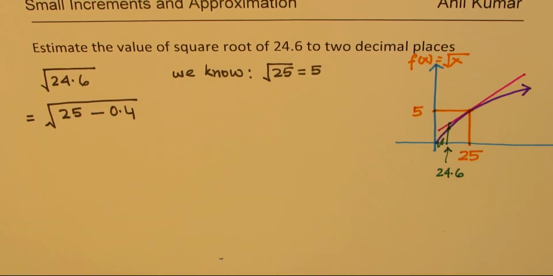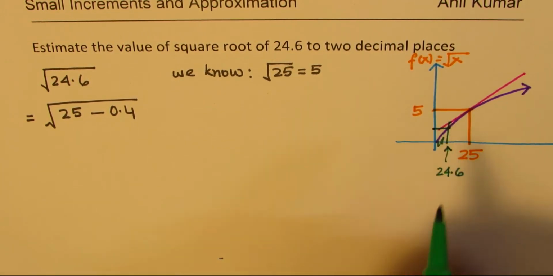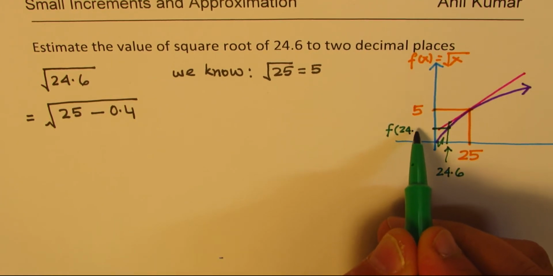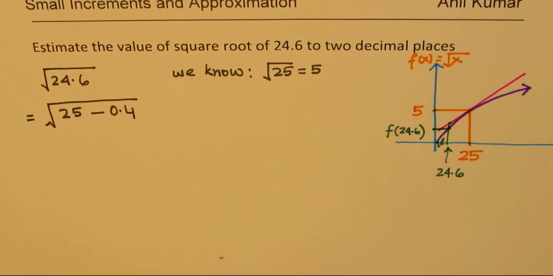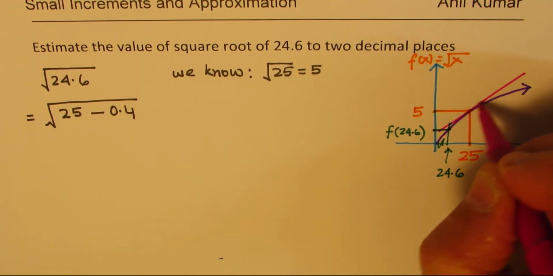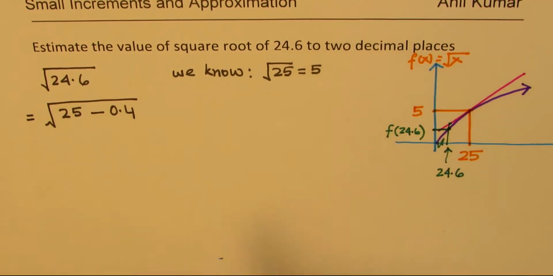On the curve, the accurate value is right there. This is the exact value of square root of 24.6. We can use calculator to figure this out. But without calculator, how do we estimate? So what we will say is that, well, that is the slope of the tangent line at 25.